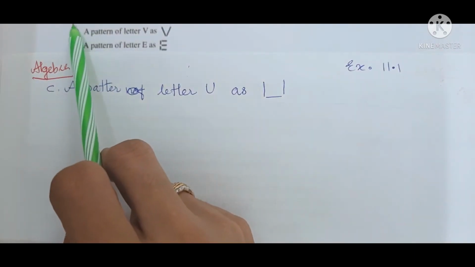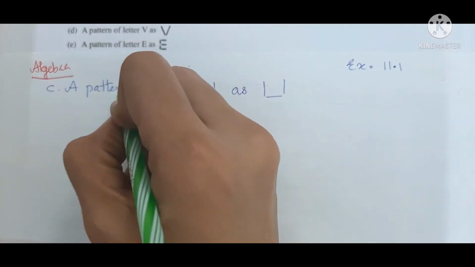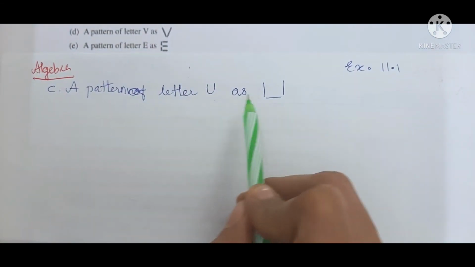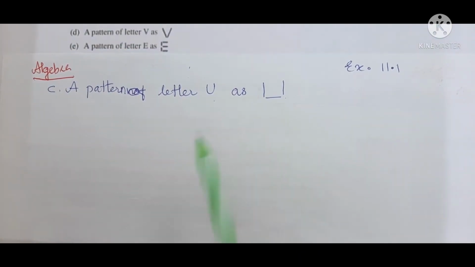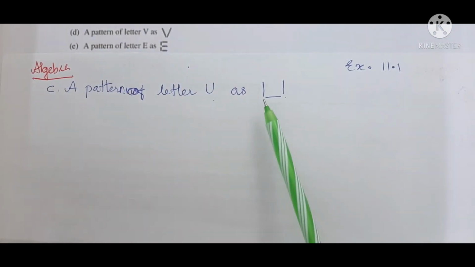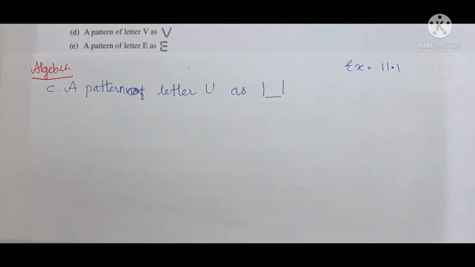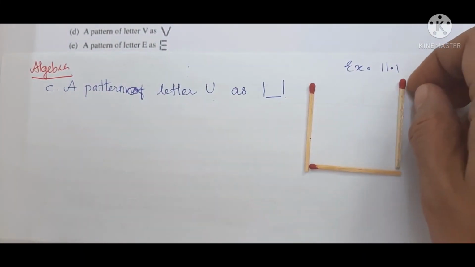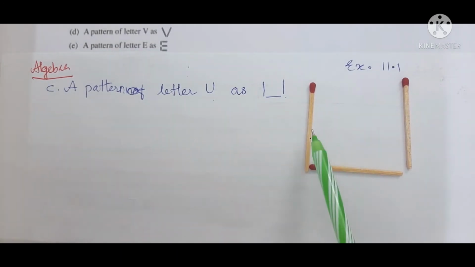Coming to the C part, the question is a pattern of letter U. So here we have to make the U letter. So how many matchsticks we need? 1, 2, 3. So we have to make the U letter with the help of matchsticks like this. So we have to count the matchsticks 1, 2, 3.